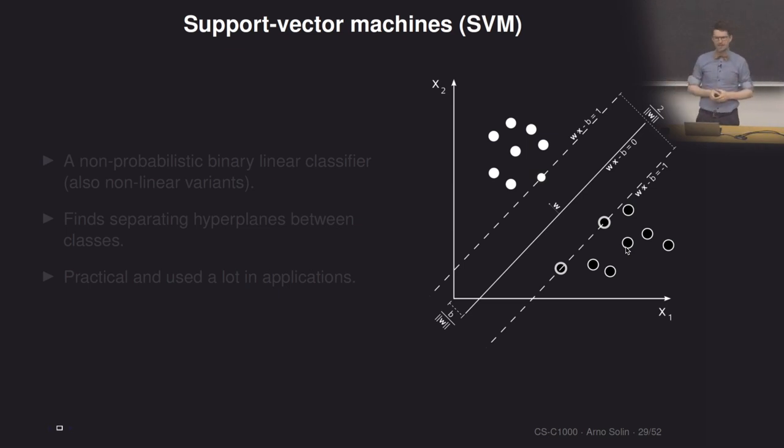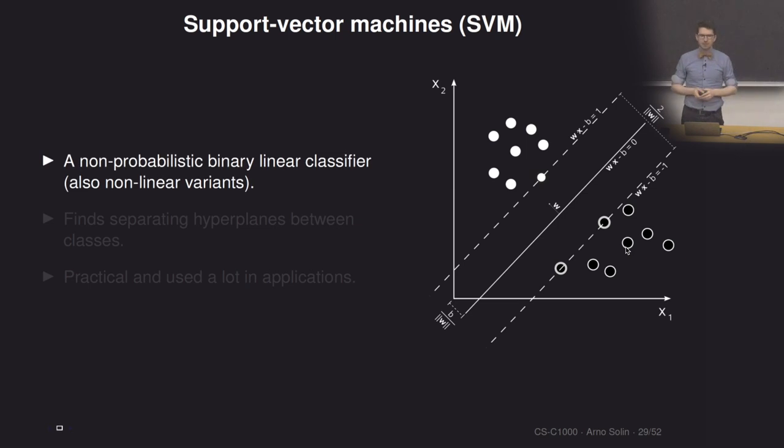Support vector machines. And now we enter the realm of methods that start to be quite complicated already. Support vector machines are linear classifiers, but there are also nonlinear variants that wrap things up to a higher dimensional feature space.